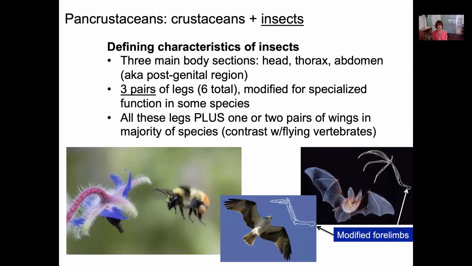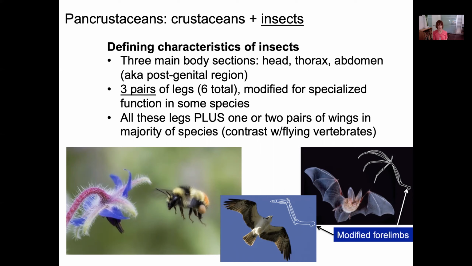And the majority, not all, but the majority of insect species are also capable of flight. And so they've evolved wings that don't come at a cost of sacrificing walking legs. The wings are kind of an extra thing. This is in contrast to when we talk in a little bit about vertebrates. The 2 flying vertebrates are birds, of course, and also bats.